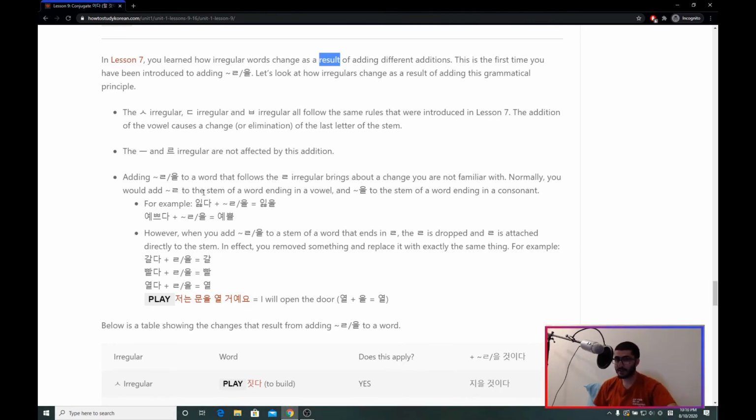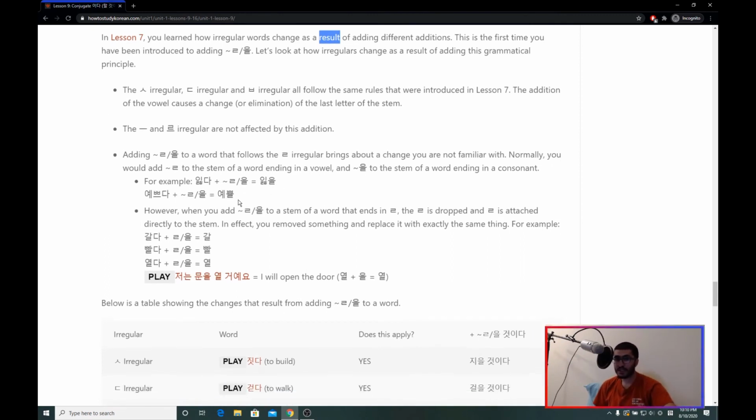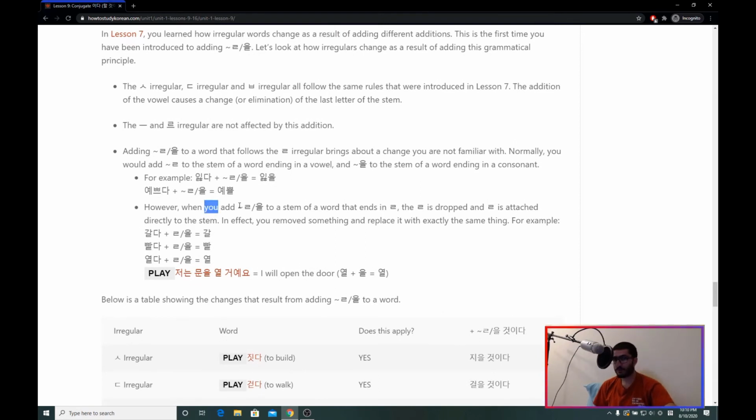Normally, you would add 리을 to the stem of the word ending in a vowel and 을 to the stem of the word ending in a consonant. So 잃다 would be 잃을, 예쁘다 would be 예쁠. However, when you add 리을/을 to the stem of a word that ends in 리을, the 리을 is dropped and 리을 is attached directly to the stem.